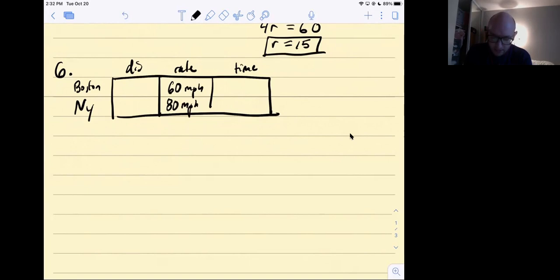And then the time, we don't know the time, that's unknown, but it's going to be the same time for both of them because they leave at the same time.